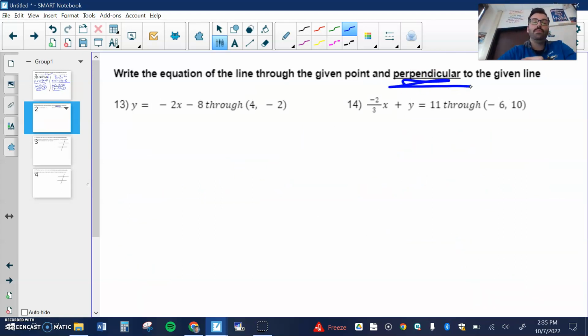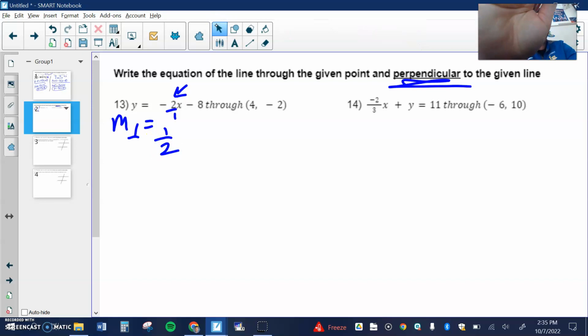Perpendicular slope. If my original line has a slope of negative 2, my perpendicular slope will be an opposite reciprocal. Be careful, this is like having negative 2 over 1, so the opposite reciprocal is positive 1/2.